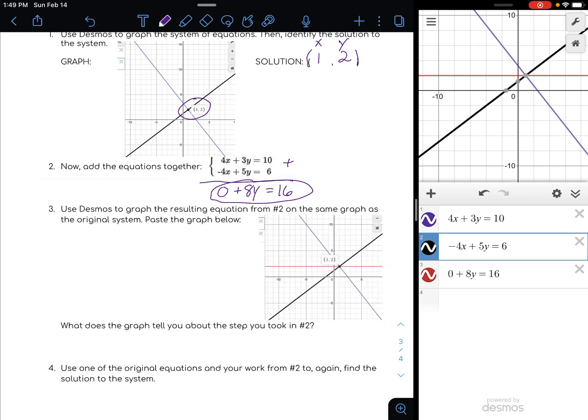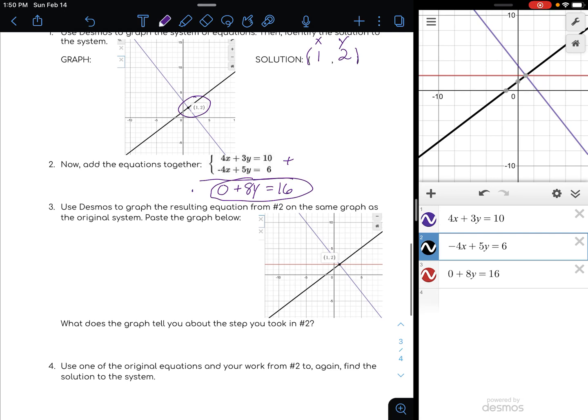Okay, so what does that tell you? What does the graph tell you about the step you took in number 2? And remember, number 2 is back up here. Well, it tells us we get a third equation that has the same solution.